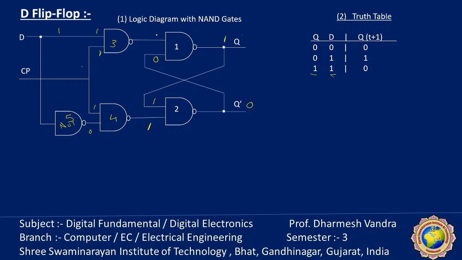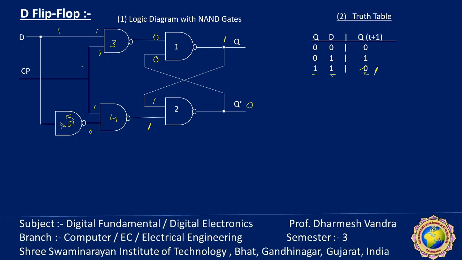Here 1 1, the result is 0. Both are 0, the result is 1. 1 1, the result is 0. Okay, no, it's 1. Here there is a mistake.